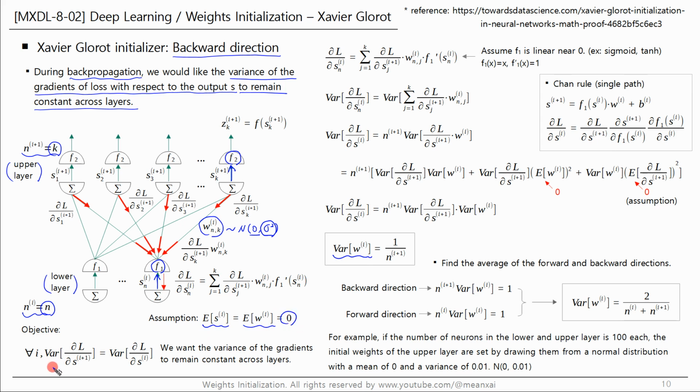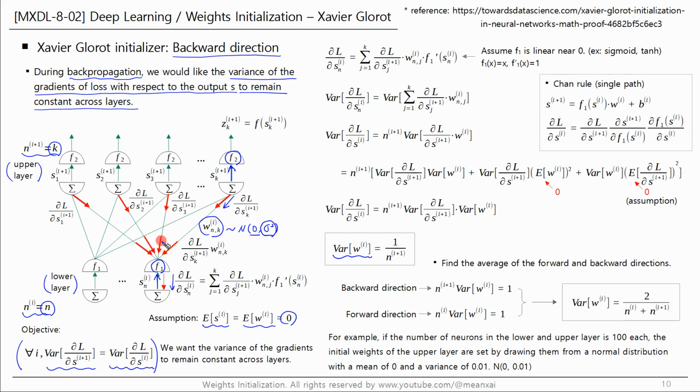Our goal is to make the variance of the gradients of the loss L with respect to Si plus 1 propagating from the upper layer equal to the variance of the gradients of the loss L with respect to Si propagated to the lower layer. This allows backward signals with similar distributions to flow from upper layers to lower layers. Let's find the variance of W that achieves this objective.